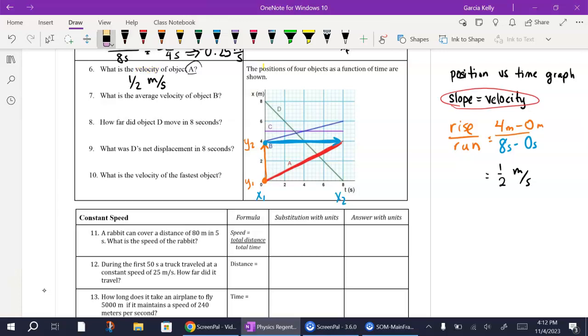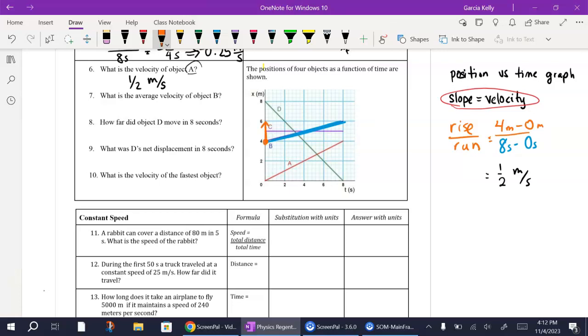Next, they ask us about the velocity of object B. This is object B in blue here. So we can find out how much did we rise and how much did we run. So we rose from 4 to 6.